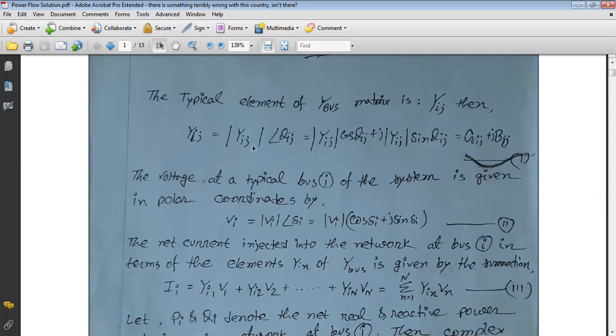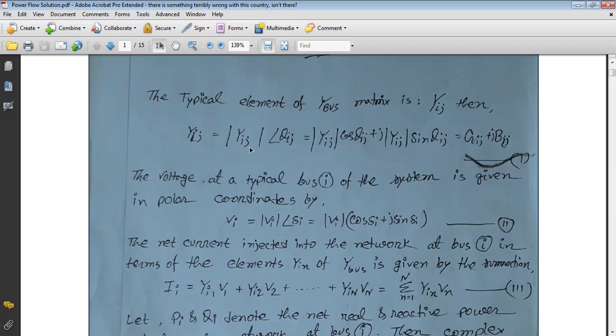So we can write this in the polar format, that is the magnitude of the element of the Y bus matrix, and there should be an angle also. So Yij, where i is the row number and j is the column number. If i is equal to 1 and j is equal to 3, that means Y13.